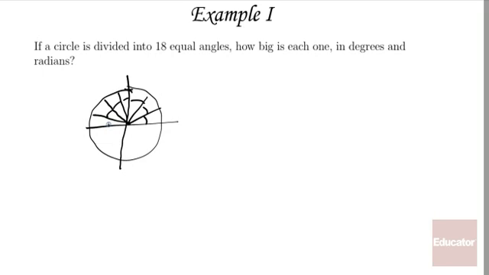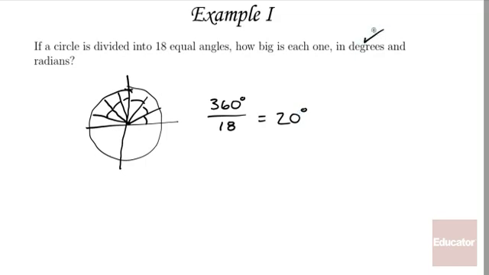Let's solve this in degrees first. Remember that a circle is 360 degrees, and if it's divided into 18 parts, then each part will be 20 degrees. So each one of those angles will be 20 degrees.